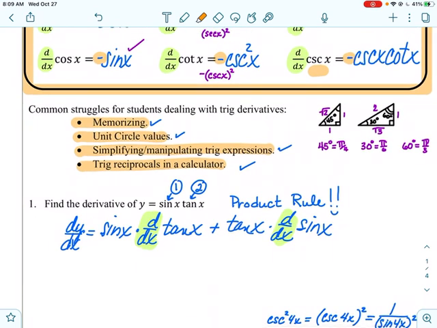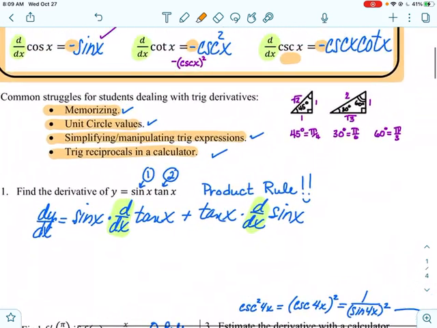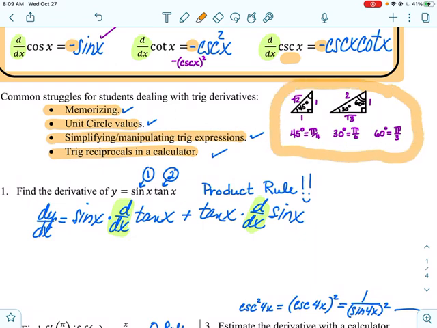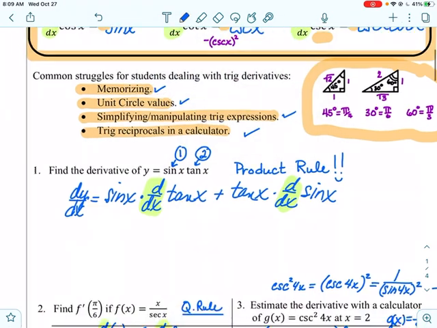Sine over cosine is tangent. All right, so let's get started here. One other thing is these two triangles. Make sure that you understand those, and be able to say right off the bat that 45 degrees is pi over 4, 30 is pi over 6, and 60 is pi over 3. And 180 is pi.